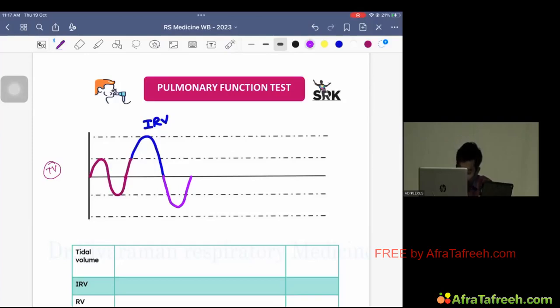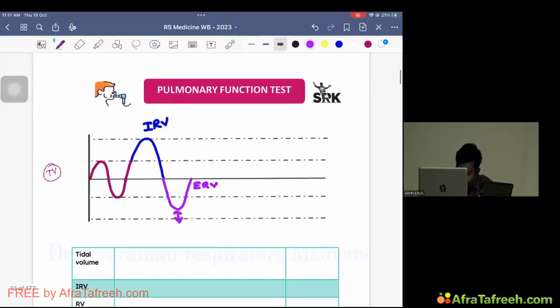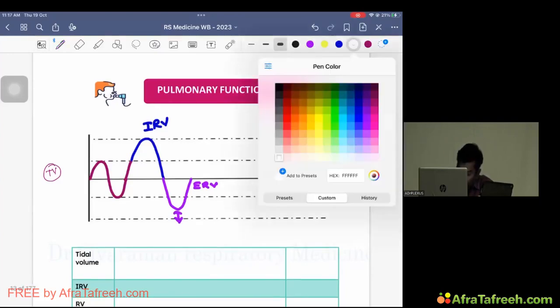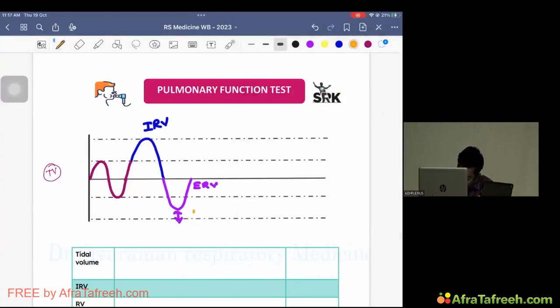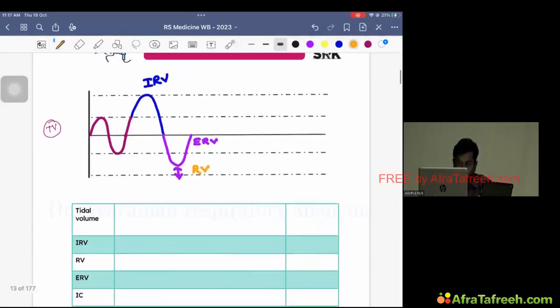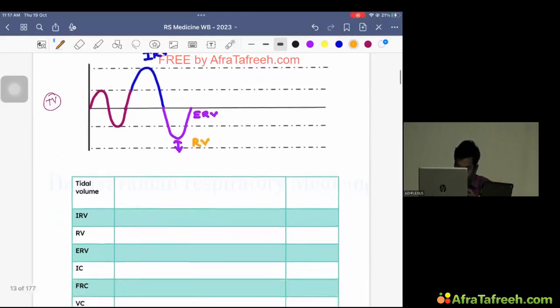The air which goes out of your lung is called the expiratory reserve volume, and the air which is retained in your lung as a residue is called the residual volume. Every time you breathe in and breathe out, this is going to happen.